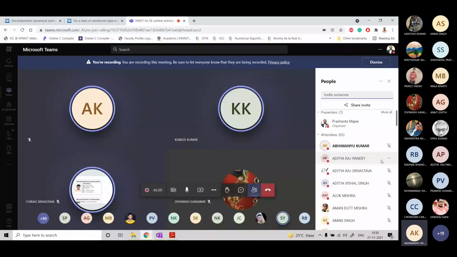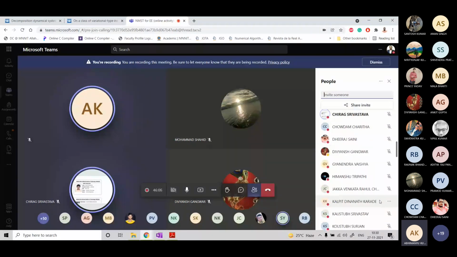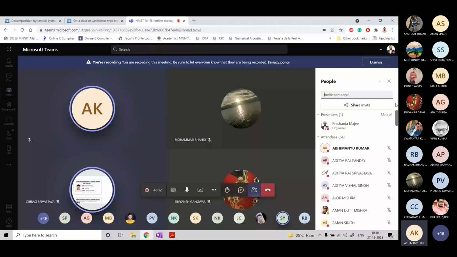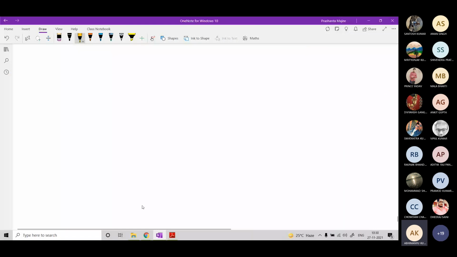Now, a straight line is not a good match to a curve. I'll show you with one example. Consider this situation. Suppose the curve is this.